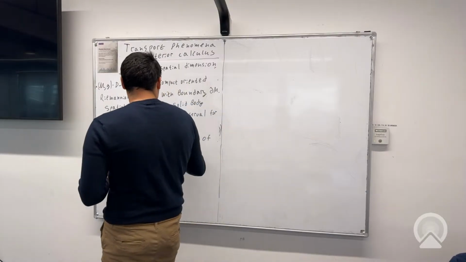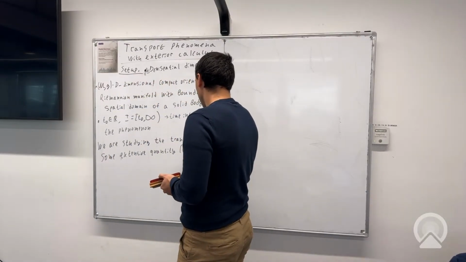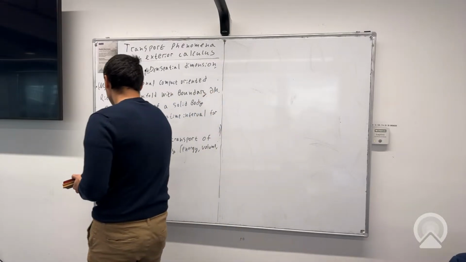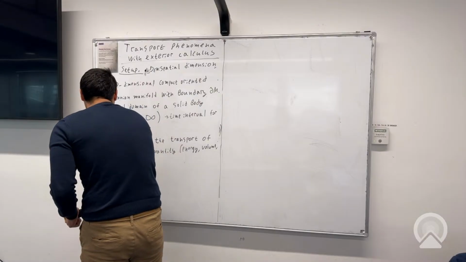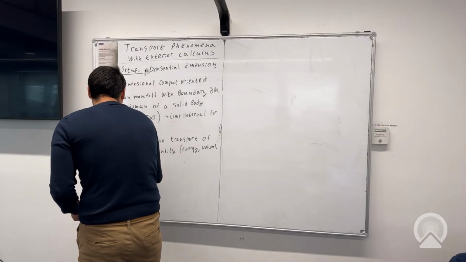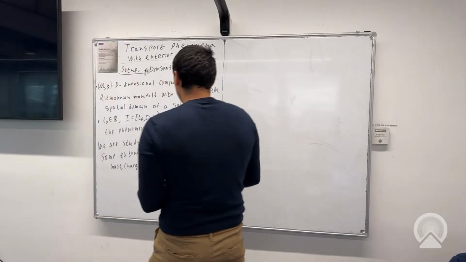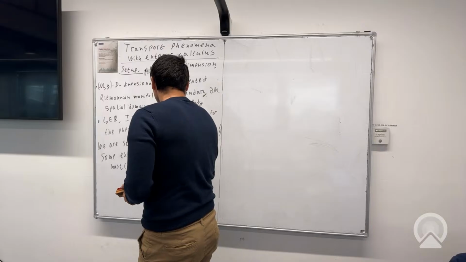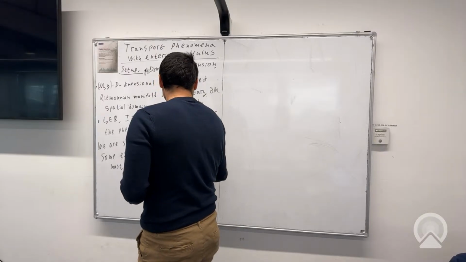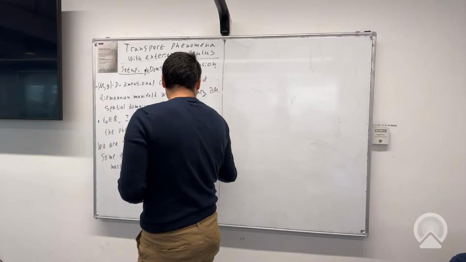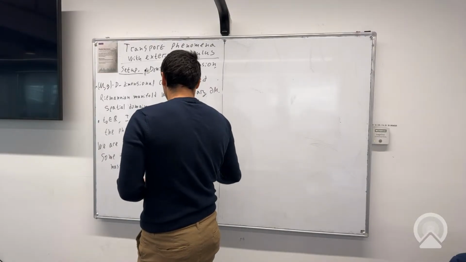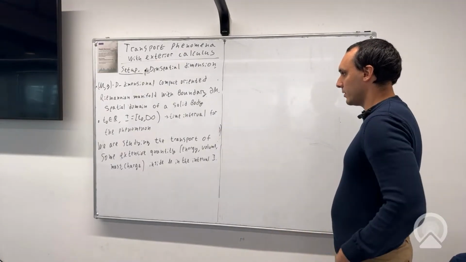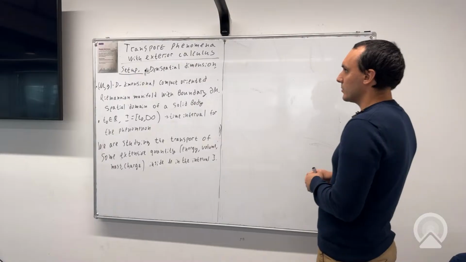So this may be energy, volume, charge, mass, inside M in the interval I. Okay. So this is the idea. Now let's do the quantitative description.